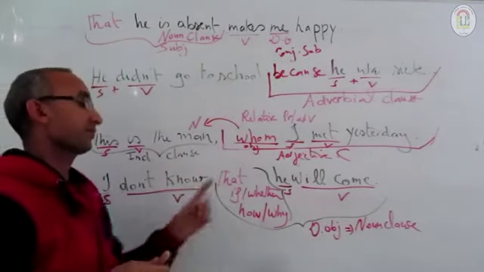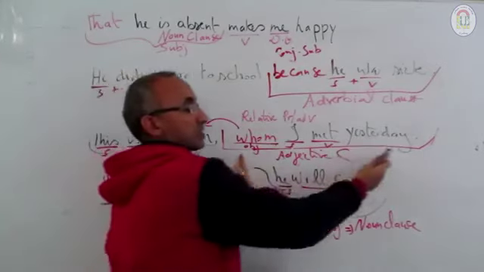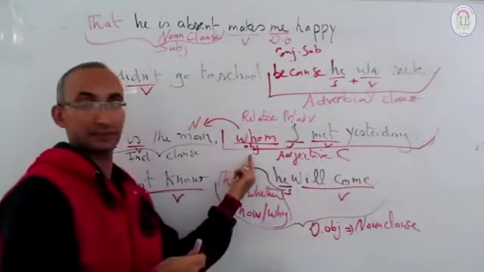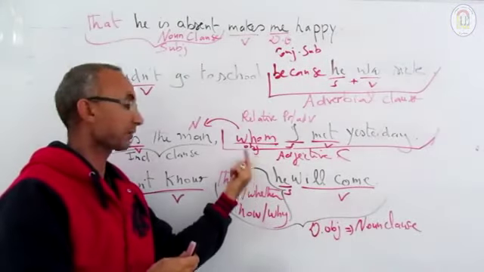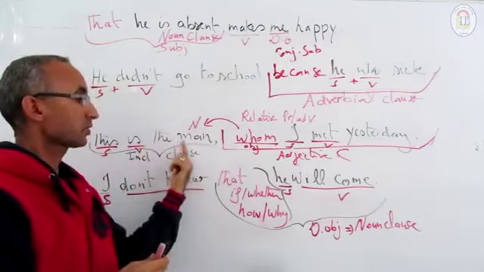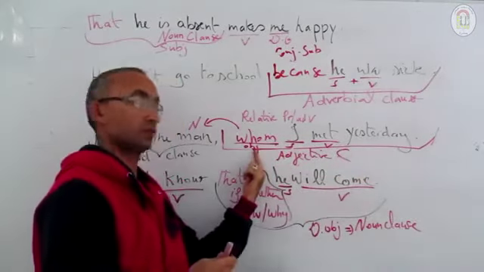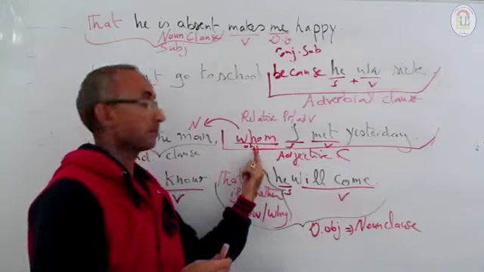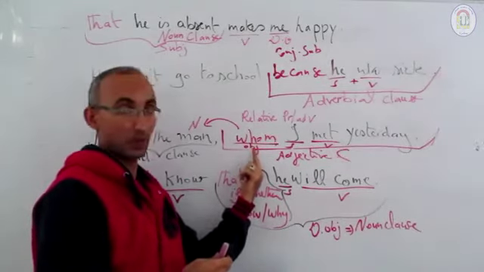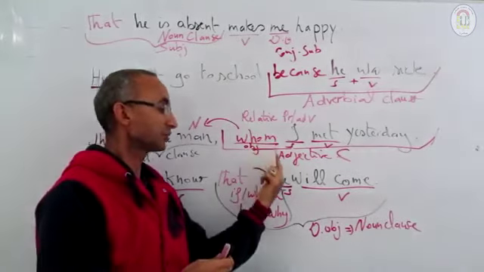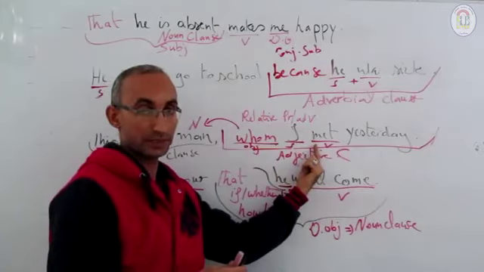Now, but if the relative pronoun here in the adjective clause acts as subject, example, I write, this is the man who helped me. Here, who is going to be what? My subject, and also my join element or my marker of the adjective clause. And helped is my verb. Clear?